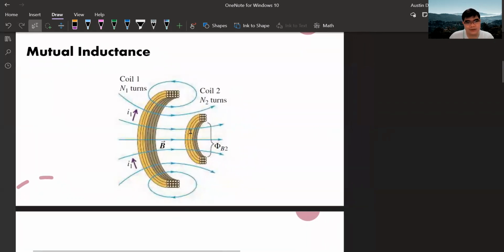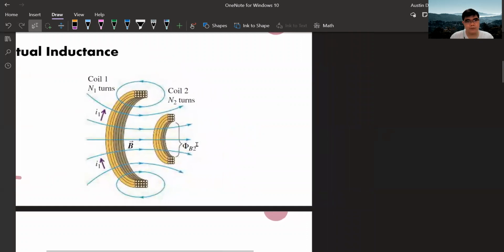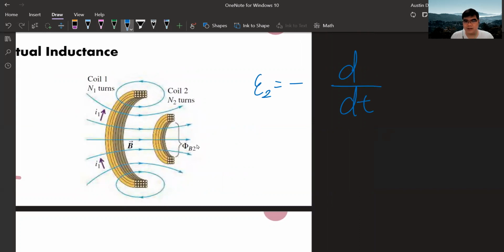So the induced EMF on this second loop, let's say E2, must be equal to negative d over dt ng flux that it is receiving. And since meron kang N2 turns, multiply natin ito by N2.